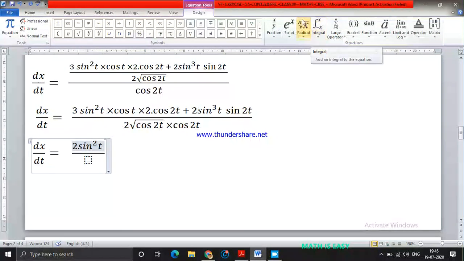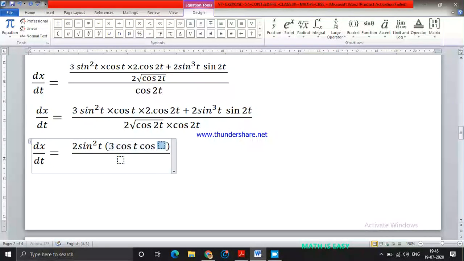After taking that common, what is left out? Here 3 will be left out, cos t will be left out, then cos 2t will also be left out.